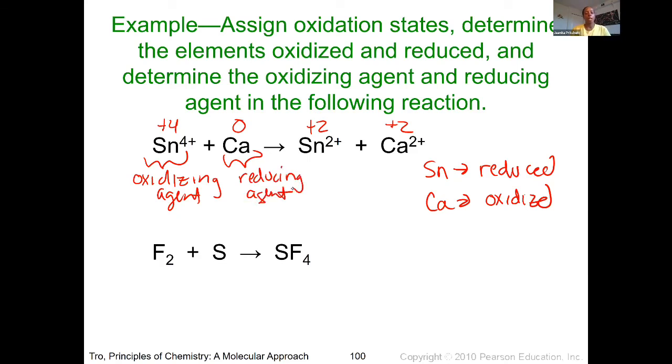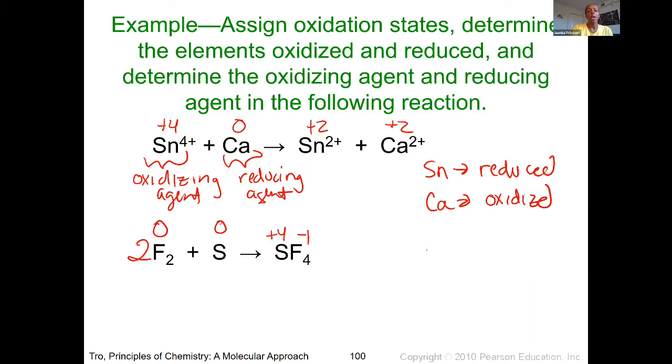And then final example here, we have F2 and sulfur. So F2 by itself, pure element, would be 0. Sulfur by itself, pure element, would be 0. This looks like it's not a balanced equation, so we'd want a 2 here. And that'll balance it out. And so we would end up seeing -1 and +4.